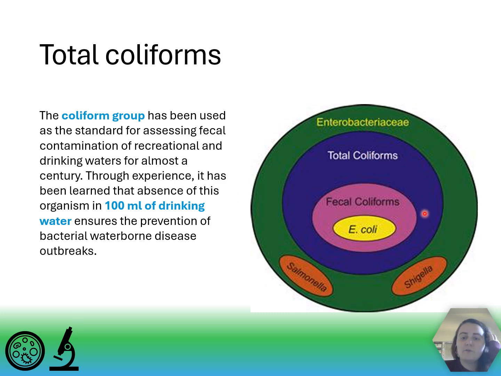So fecal coliforms are a subgroup of total coliforms. These are the ones that are in feces that we know are pathogenic. And just as an example, E. coli is an example of a fecal coliform. So we can test for total coliforms, we can test for fecal coliforms, and that tells us that we're reasonably certain that E. coli is probably present. So that's kind of what's going on there.